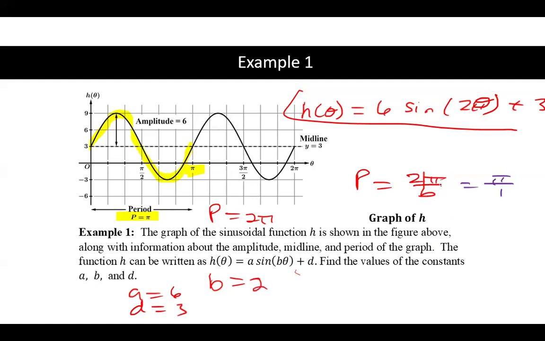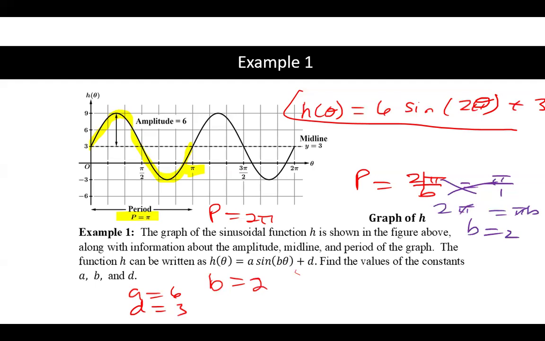Cross multiply, right? So when I cross multiply, I get 2 pi equals pi times b. Pi is on both sides, so therefore b equals 2. So even if you can't see it visually, do the math, because p always equals 2 pi divided by b.